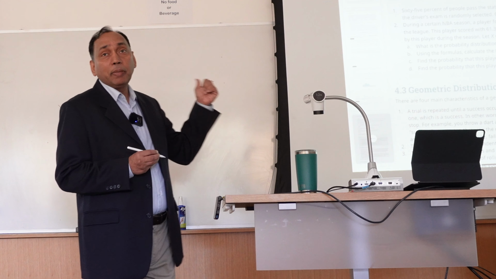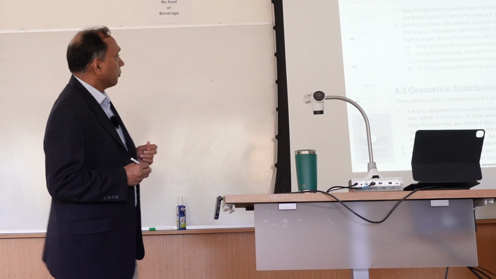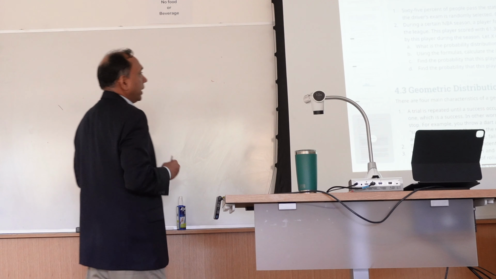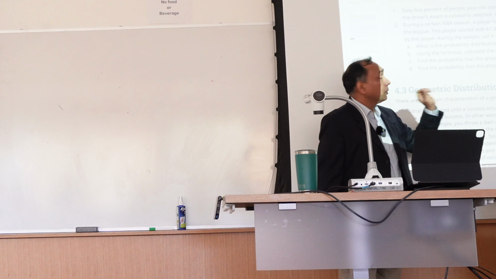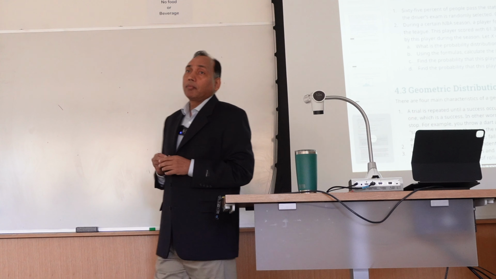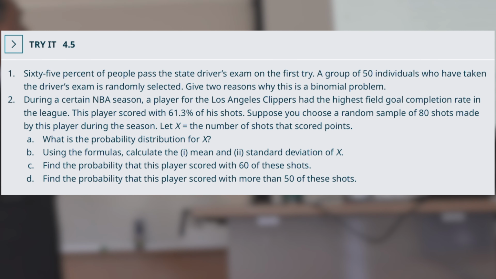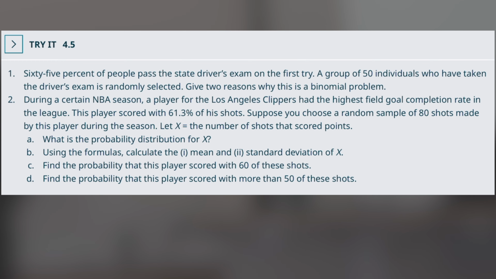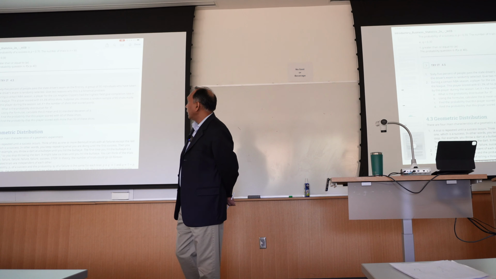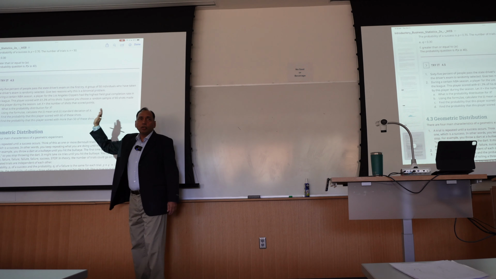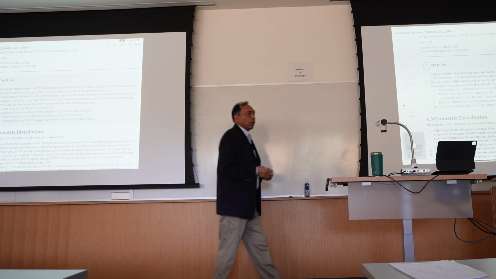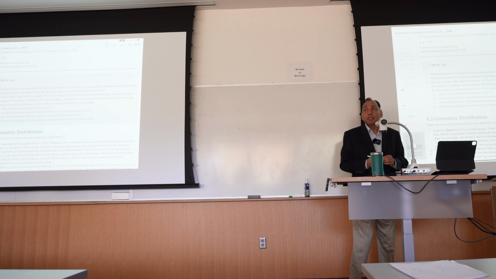Suppose you choose a random sample of 80 shots made by this player in the season, and it's already defining the random variable for you, the number of shots that scored points. That is the variable of interest. What is the probability distribution of X? In the second problem nowhere does it talk about binomial, so it wants us to figure out what kind of distribution it is.